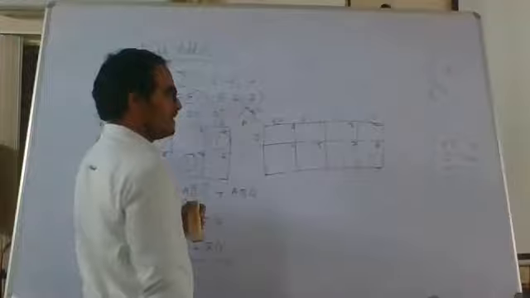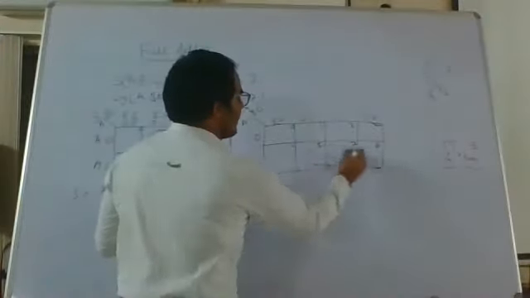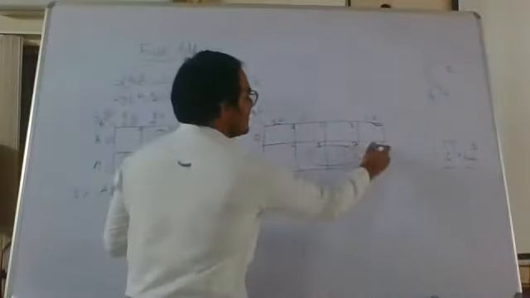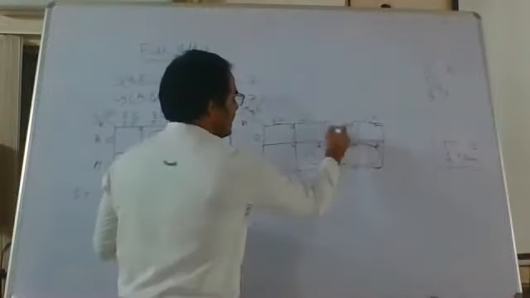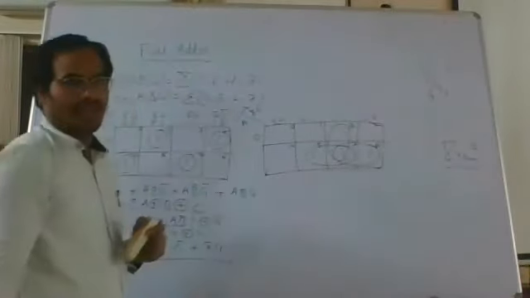So octet is not possible, quad is not possible, pair is possible. 5 and 7 form a pair, 6 and 7 form a pair, and 3 and 7 form a pair.